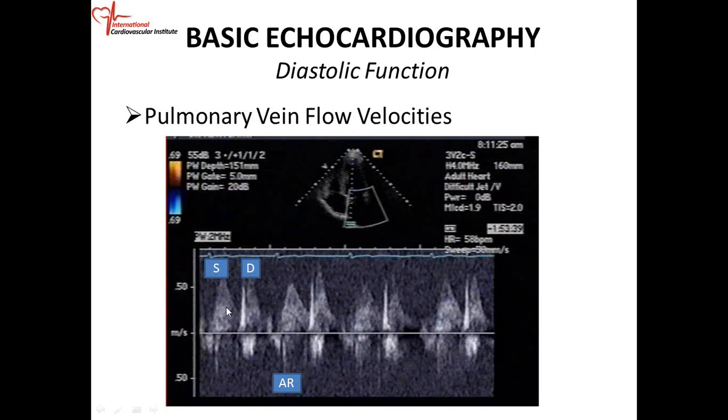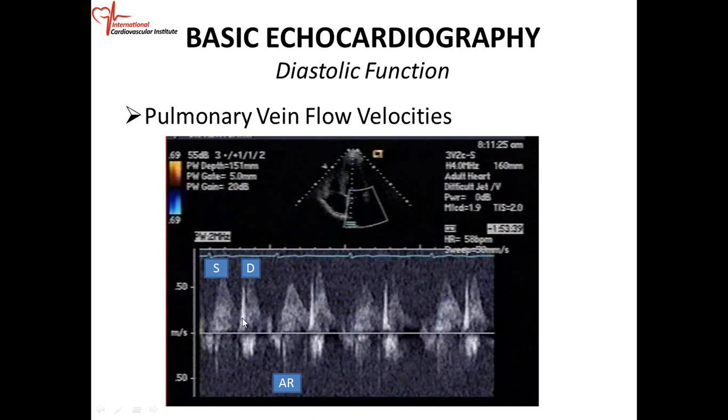If you have elevated left atrial pressure, then your systolic component is going to get progressively lower. Someone with a higher grade of diastolic dysfunction, the systolic component of the pulmonary vein flow is going to get progressively smaller once you have elevated left atrial pressure.